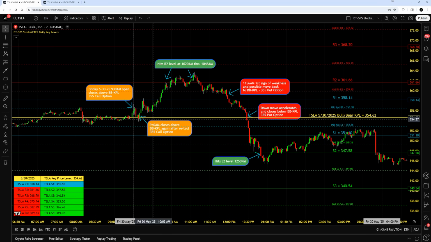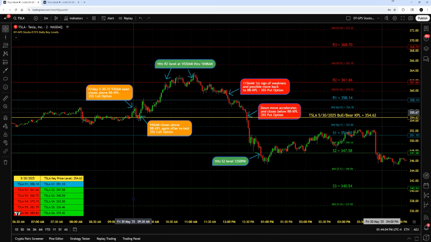Okay, so at the 9:30 open here, which we have marked off, the 9:30 open closes above the bull bear key price level. So right off the bat, if you're inclined to play the open, you would buy a 355 call option here.